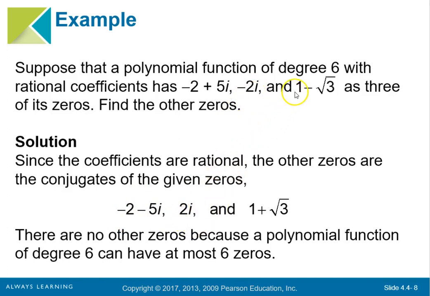And when we have a 1 minus the square root of 3, we're going to have a 1 plus the square root of 3. All right, so there are no other options. You cannot have more than that, since we have 6 as our degree, and we have to have both of those sets of numbers. You have to have the original number and its conjugate.